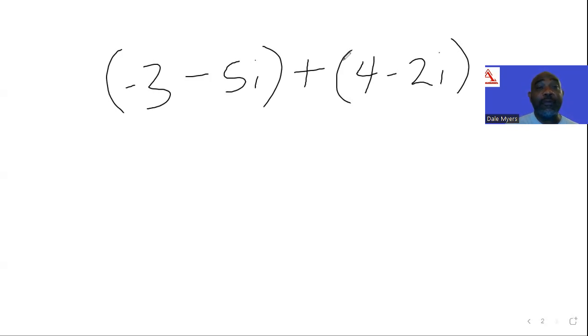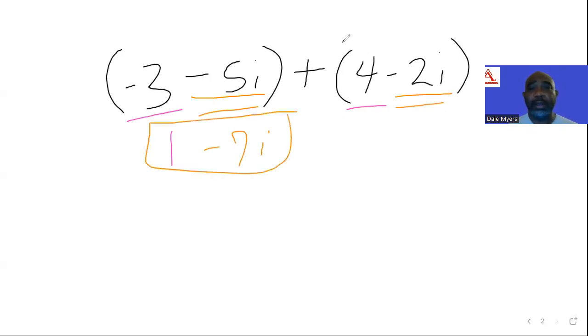I'm going to do my real numbers or my like numbers. Negative 3 plus 4, that's a positive 1. And then I'm going to come in here and say negative 5 minus 2i. Well, negative 5 minus 2 is negative 7i. And that will be our answer.